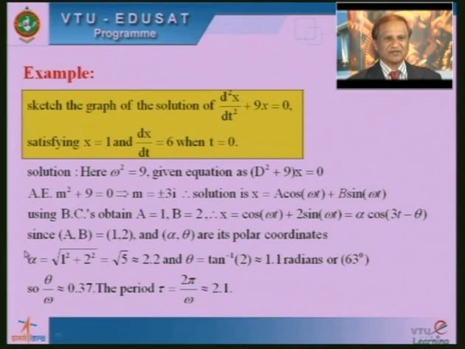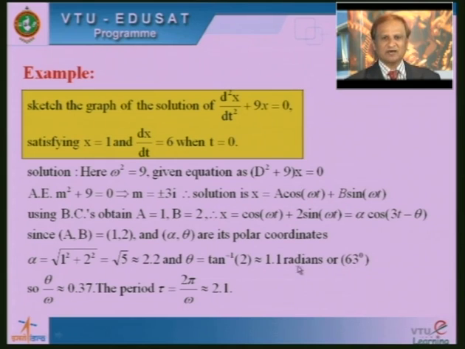So, it means I can calculate alpha is equal to square root of 1 square plus 2 square, that is equal to square root of 5, right, which is approximately equal to 2.2, and theta is equal to tan inverse of b by a, right. The value of b is 2, a is 1. If you want, you can write 2 divided by 1, and after simplification I hope you will get 1.1 radians or approximately 63 degrees, is it clear.